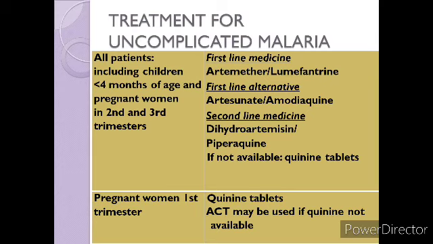So for body weight, from 5 kilograms to 14 kilograms, the patient will take 1 tab BD for 3 days. 15 kilograms to 24 kilograms, the patient will take 2 tabs BD. 25 kilograms to 34 kilograms, patient will take 3 tabs BD. Then above 34, patient takes 4 tablets BD.